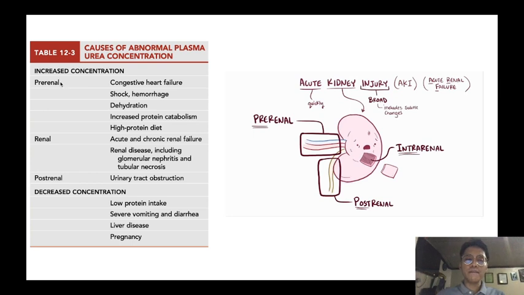So, what are examples of pre-renal azotemia? So, itong pre-renal azotemia, mostly ito siya because of decreased flow of the blood to the kidneys. Kasi 'di ba, when there is decreased flow of blood to the kidneys, wala masyadong blood na pumupunta sa kidney to be filtered.